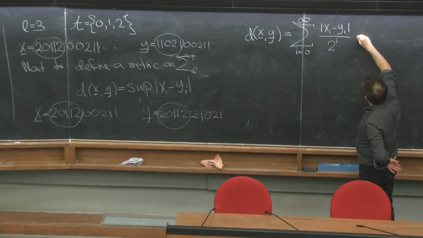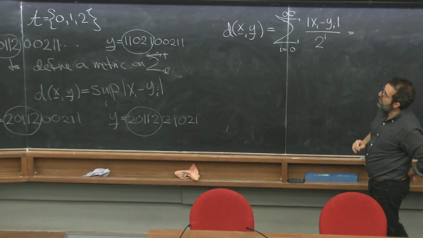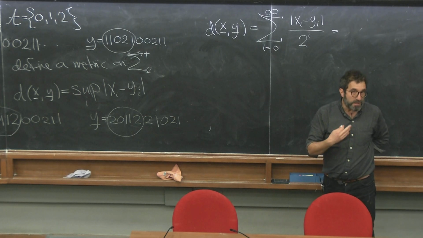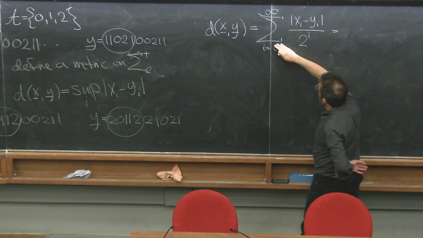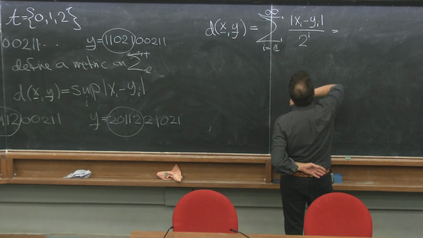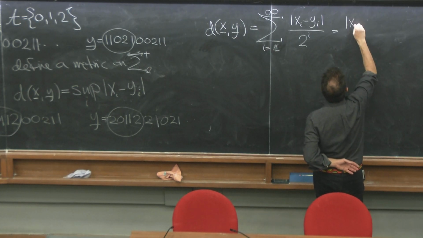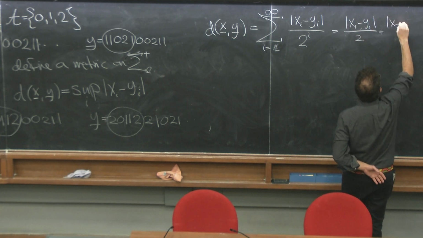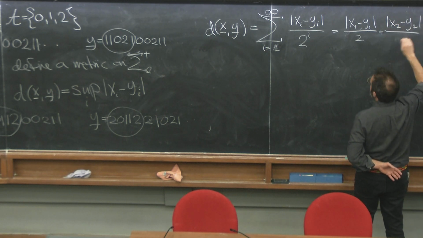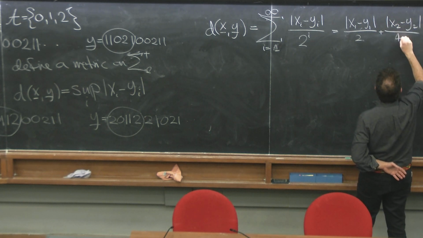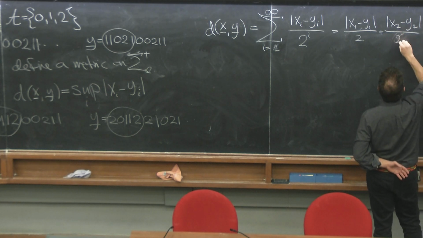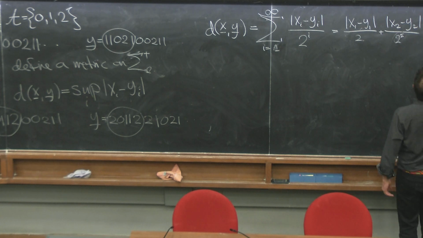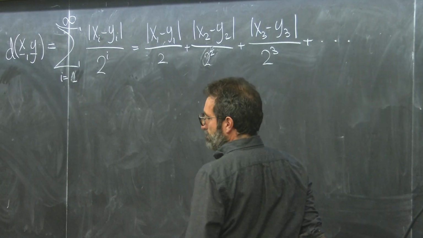And you can see, if you think a little bit about what this is measuring, that this gives a lot of weight to the initial digits, right? Because, sorry, when i equals 1, because I'm taking here from 1. So this is (x1 minus y1) over 2 plus (x2 minus y2) over 4, that is 2 squared, plus (x3 minus y3) over 2 cubed, and so on.